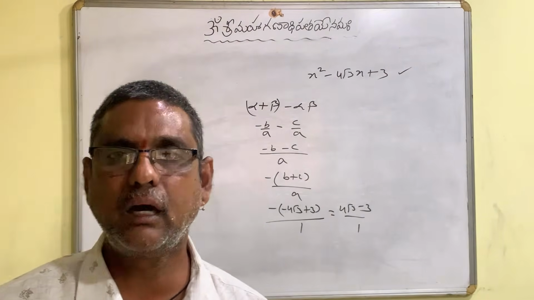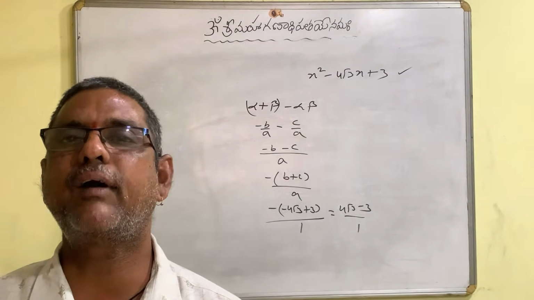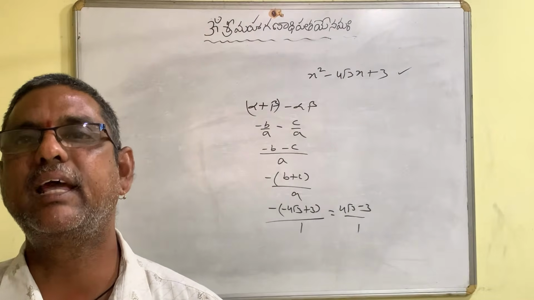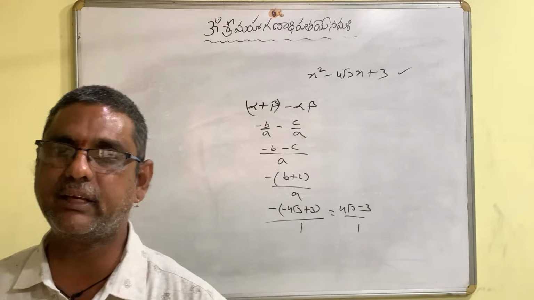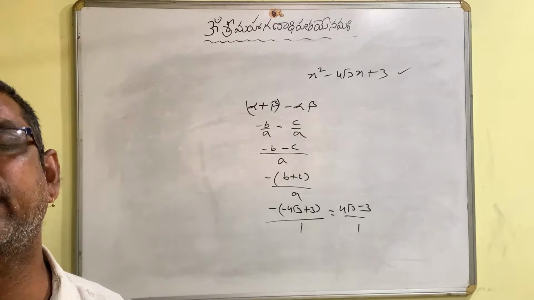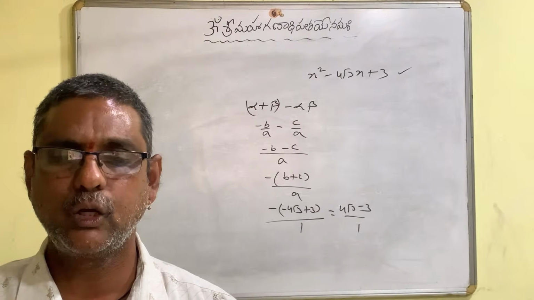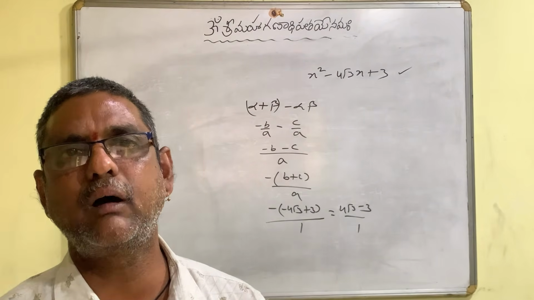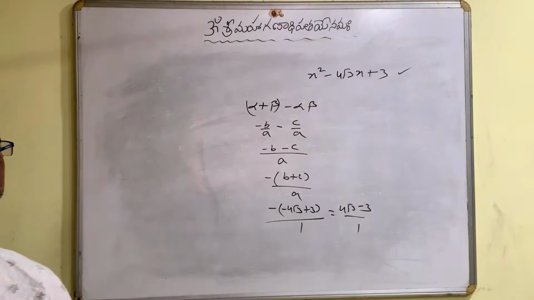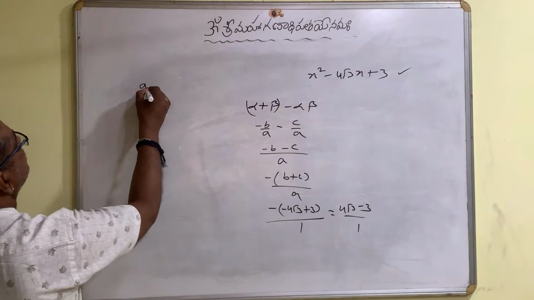Third, how to find the zeros of different forms of the quadratic polynomial. You can take root 3 common. How many different forms are there in quadratic polynomials? There are 3.